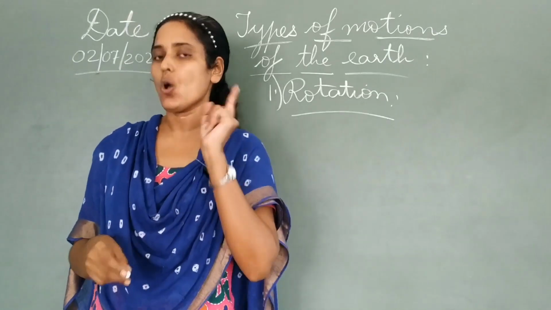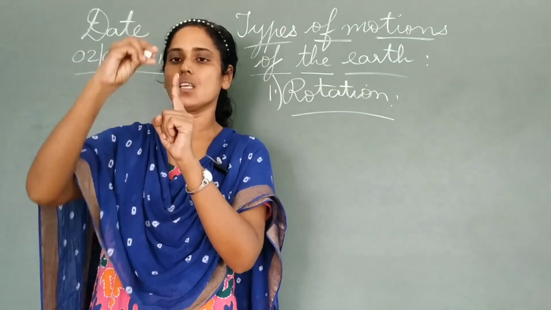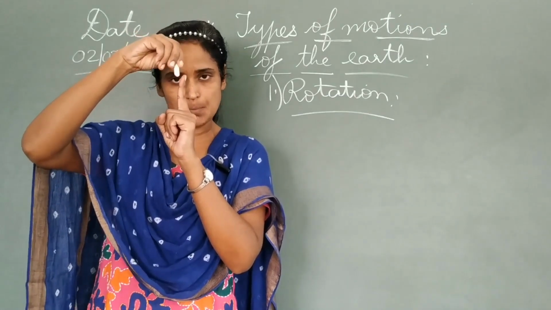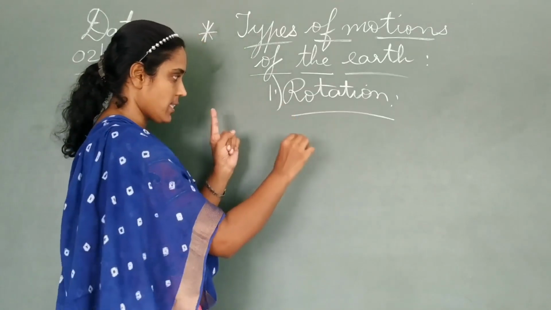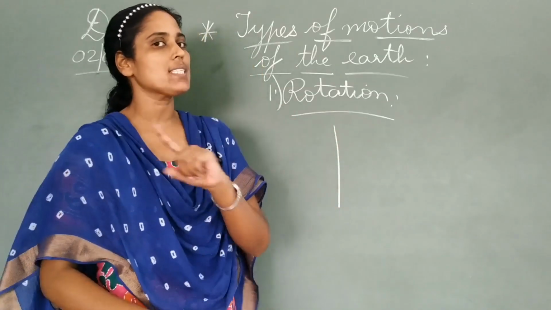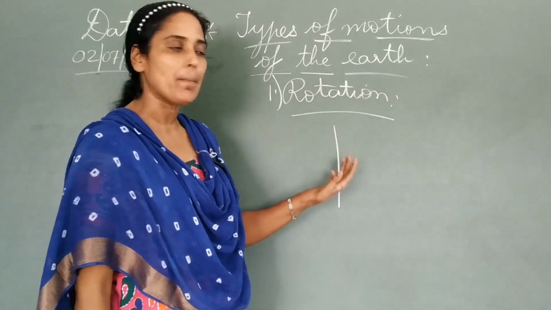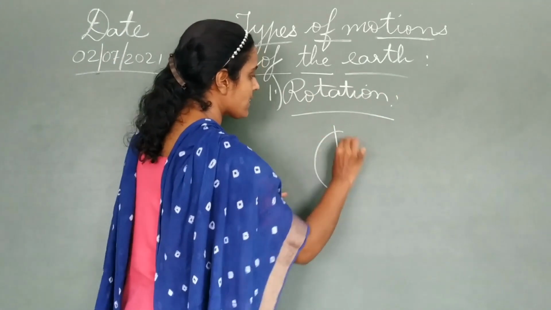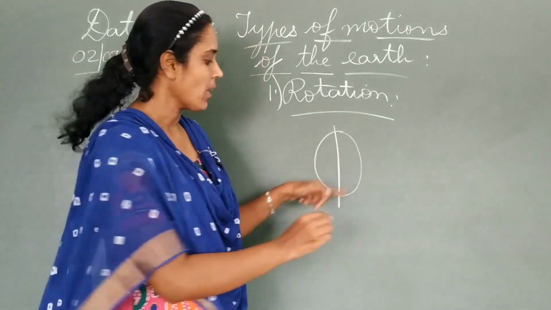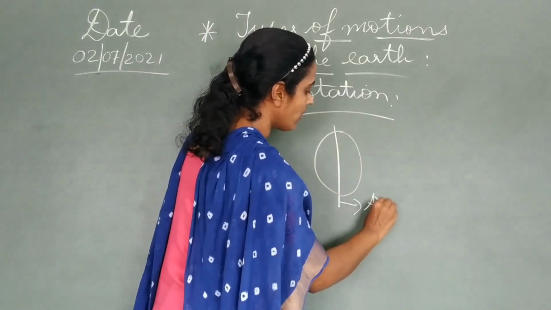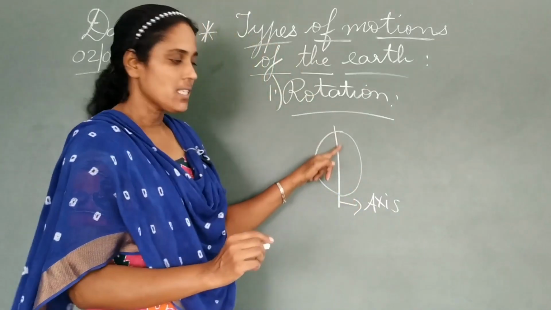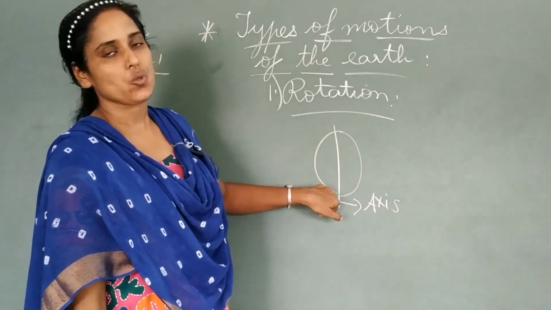For example, as we saw in the previous videos, this is our axis. If you rotate this chalk in this way on this point, it is known as rotation. Now students, I have already told you in geography, all these things are imaginary. Lines, measurements are all imaginary. And you have to imagine this as the Earth, spherical shape. So this is the axis of the Earth, the line on which it is rotating.